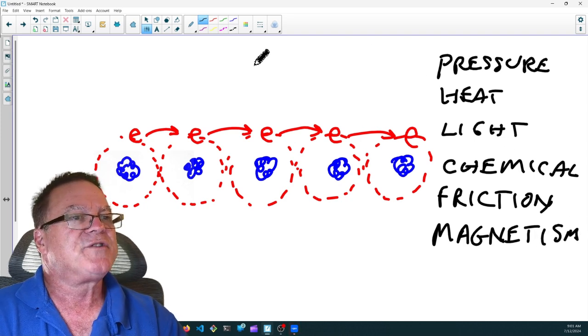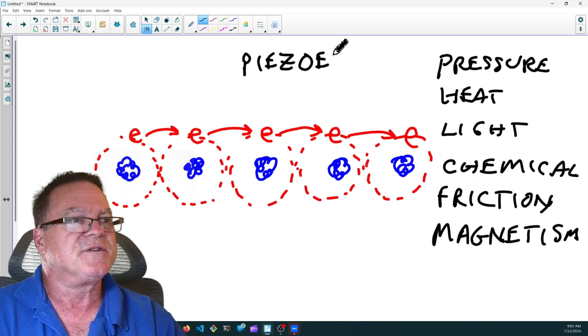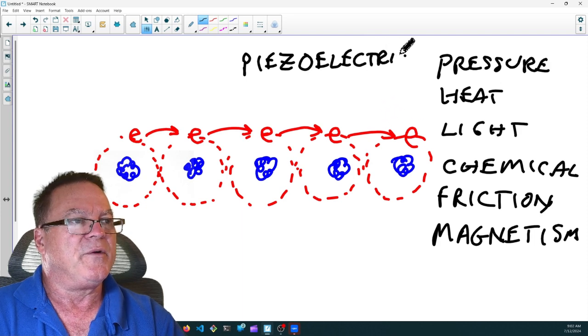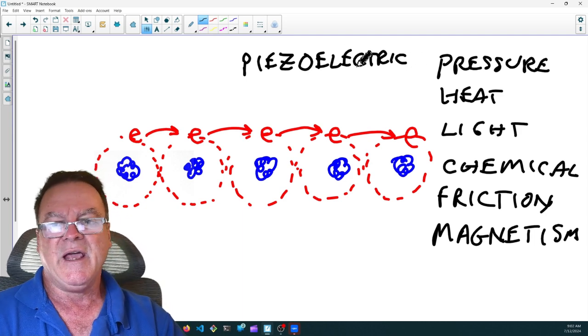So pressure, this is called piezoelectric. We used to have phonographs or stereo systems in order to play records, and the needle had a little piezoelectric crystal in it.